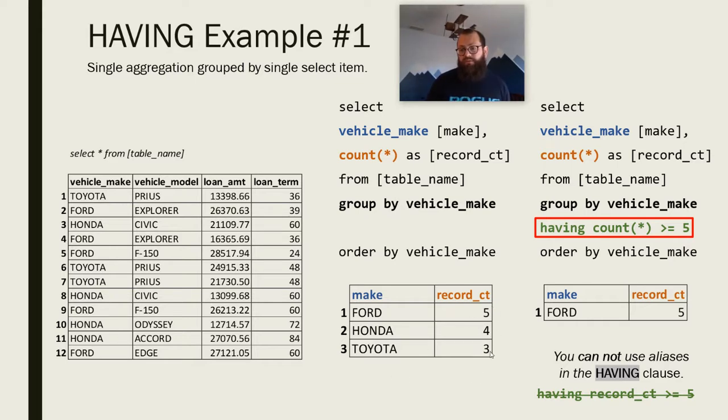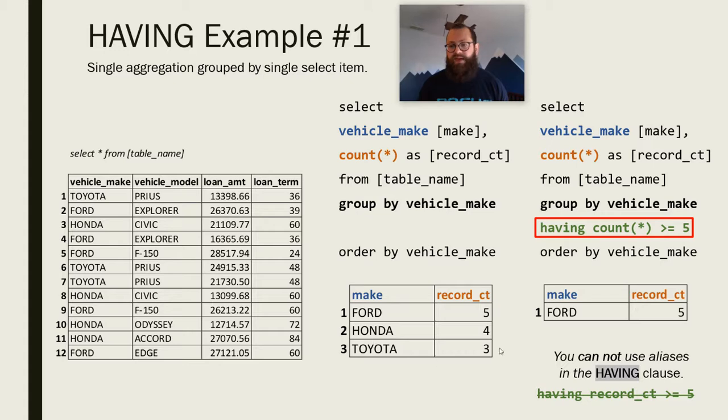When you add 5, 4, and 3, you get 12, which represents the original number of records in the table. Now, jumping to the right, in the query over here, we introduce a having clause. We do having count star greater than or equal to 5. What this means is we can look at our original output from the aggregation function and the grouping criteria.